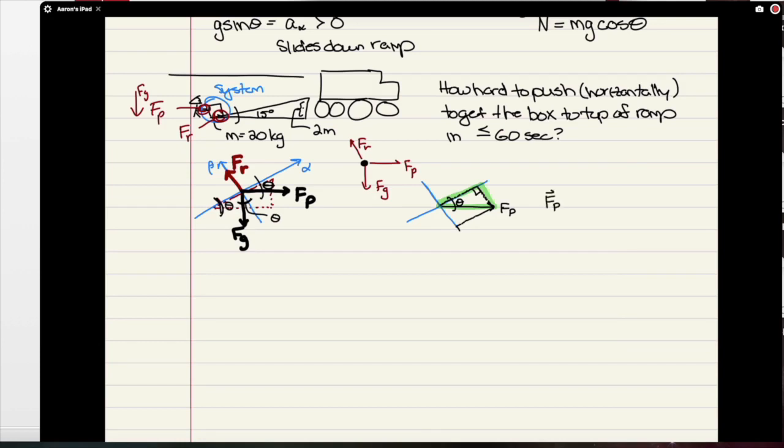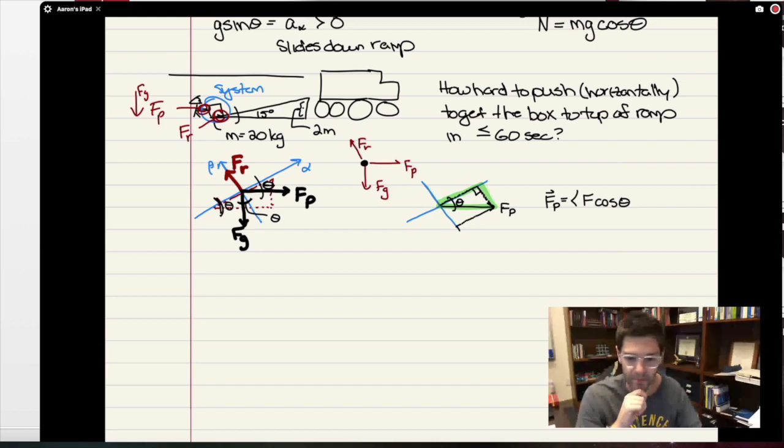The force from the person has a component along the ramp, which looks like it is then whatever the force is that it's pushing, I'll just call it F. That's what we don't know. That's actually what we're solving for. And then it looks like this is going to be F cosine theta. And I'll put a plus sign in front of it or just leave it as is because it's pointing in the positive direction.